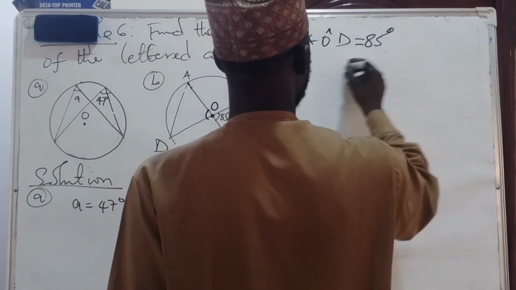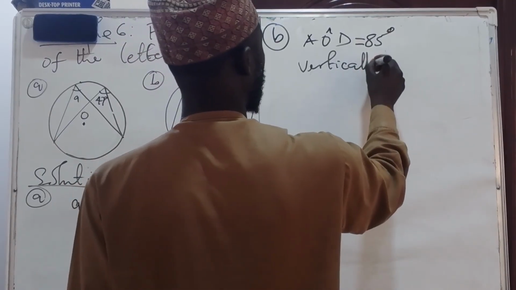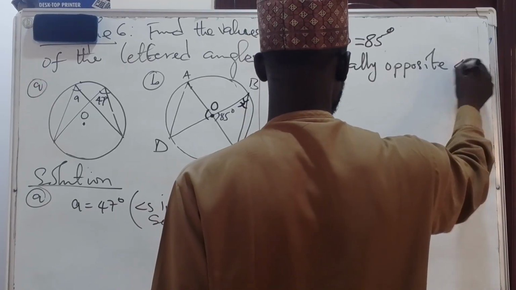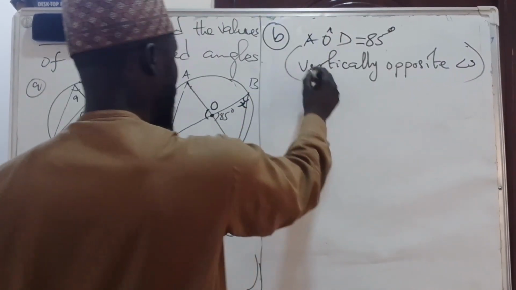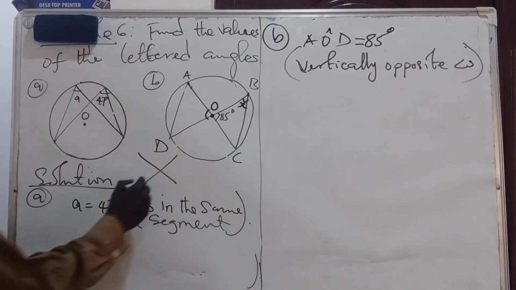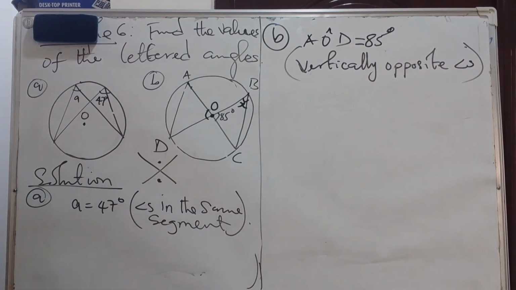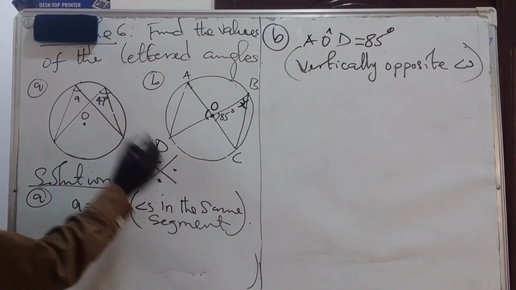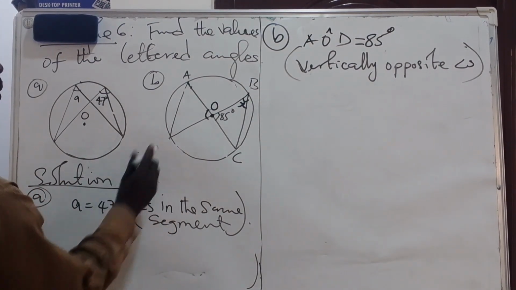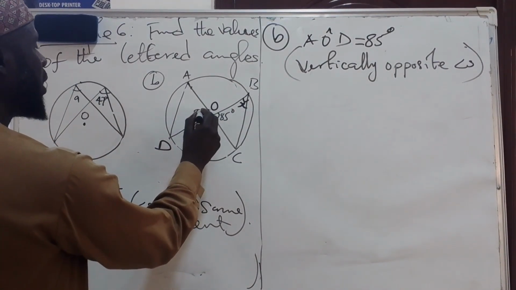The reason is vertically opposite angles are equal. If you have two straight lines forming an X shape, the angle above is equal to the angle below, and the angle on the left is equal to the angle on the right. So we call them vertically opposite angles, and they are equal. So this angle is 85 degrees.